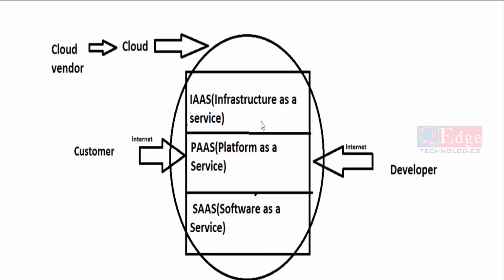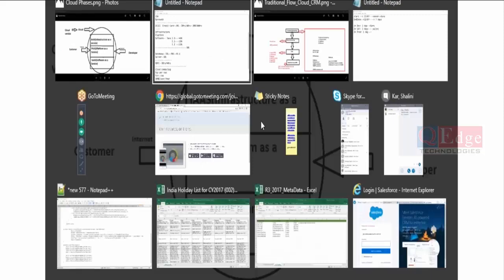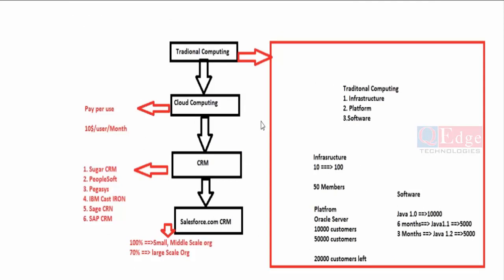Now, what is CRM? I hope some of you know about CRM. CRM stands for Customer Relationship Management. It's a kind of relationship between the company and a customer or a potential customer. What is a potential customer? For example, you are continuously placing orders on Flipkart.